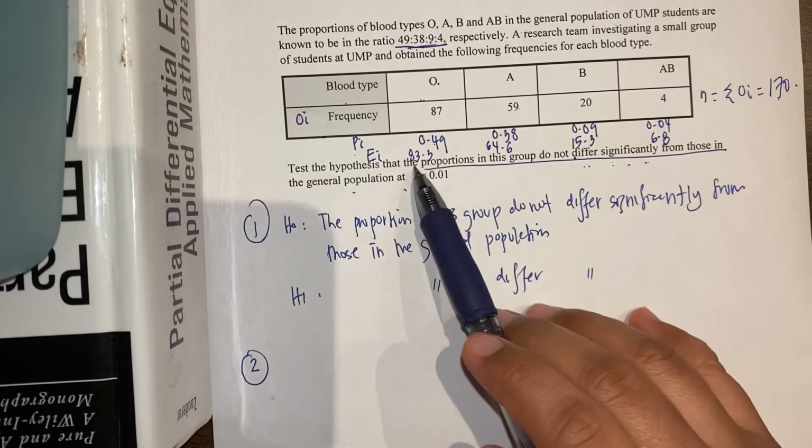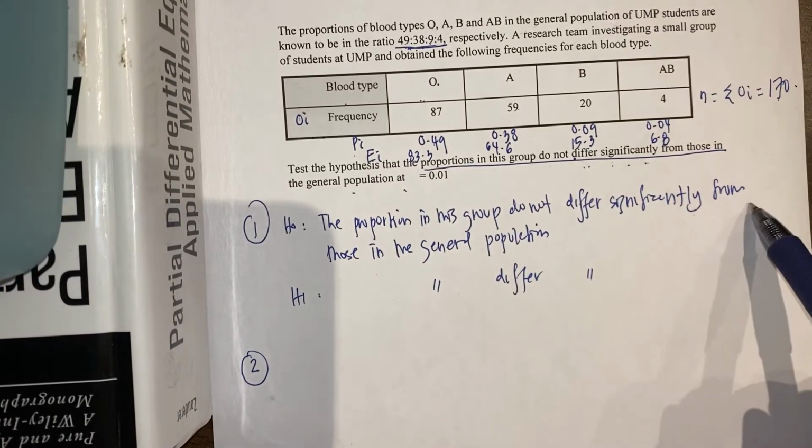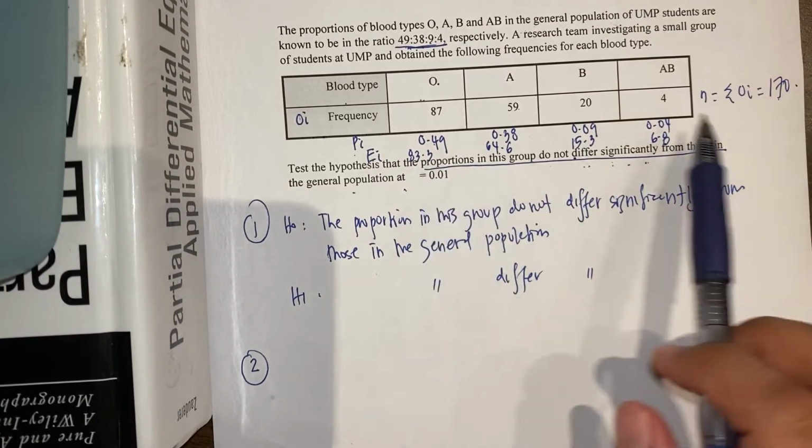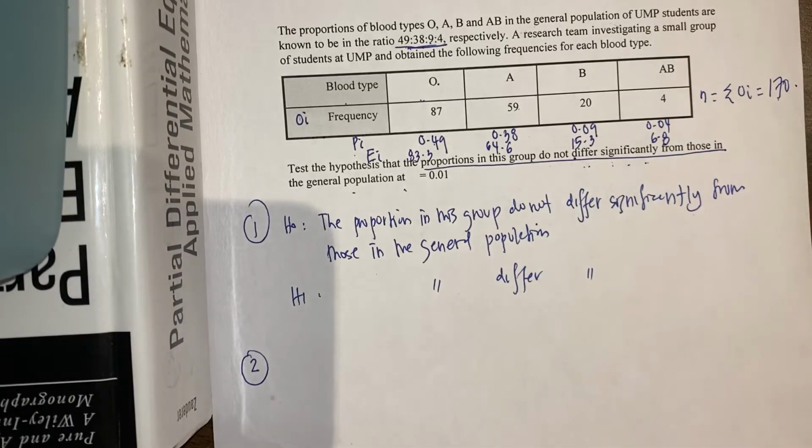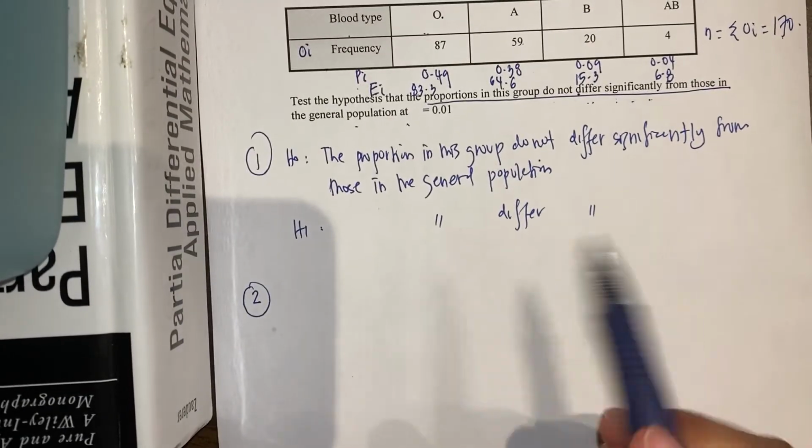Then check whether your E is less than 5 or not. In this case there is no E less than 5, so you can proceed with the chi-square.